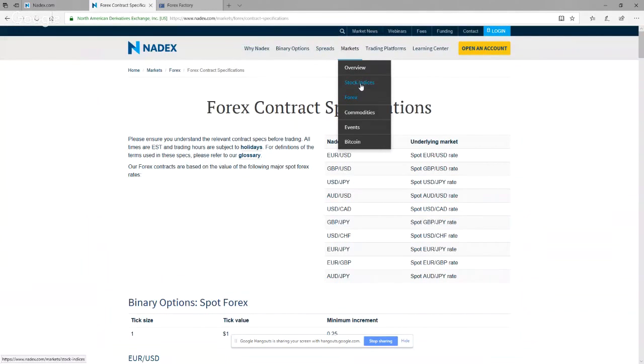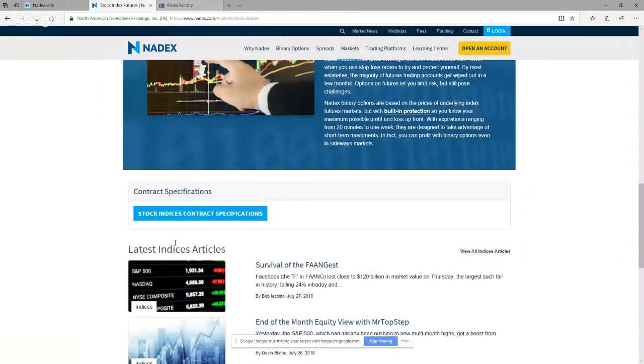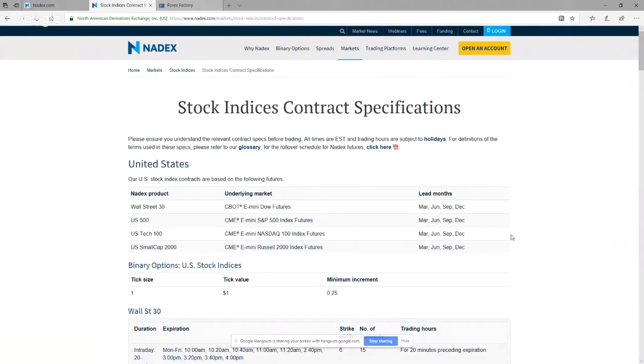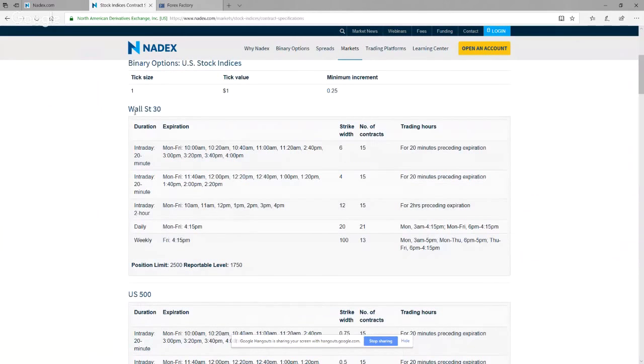Let's say that you're only interested in trading the stock indices. Again, click on stock indices, go down to contract specifications, and you'll see exactly when, for example, the Wall Street 30, which uses the underlying Dow Jones, the intraday 2-hour begins at 10 a.m. That is the first expiration.